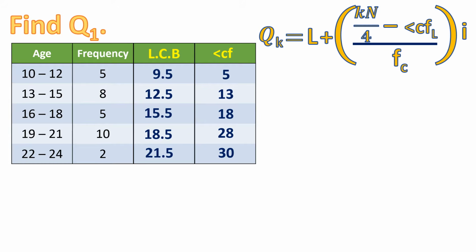The next is to find the quartile class. The quartile class is the row that we will use in order to substitute into the formula. So the quartile class is equal to k times n divided by 4. It's actually the same as the kn over 4 in the formula.